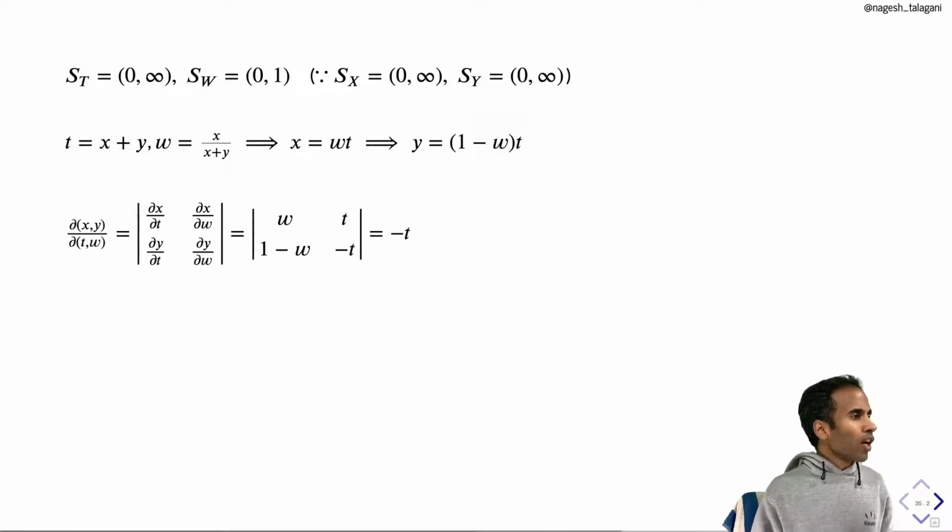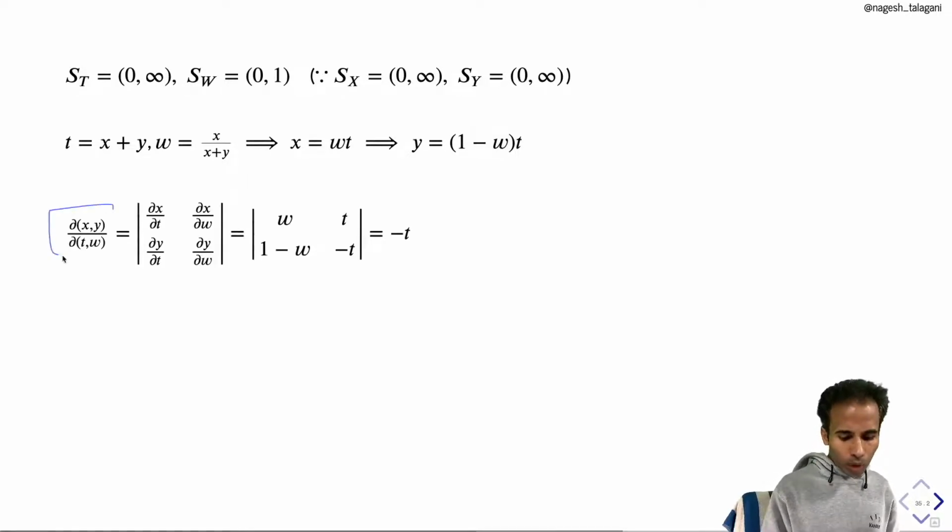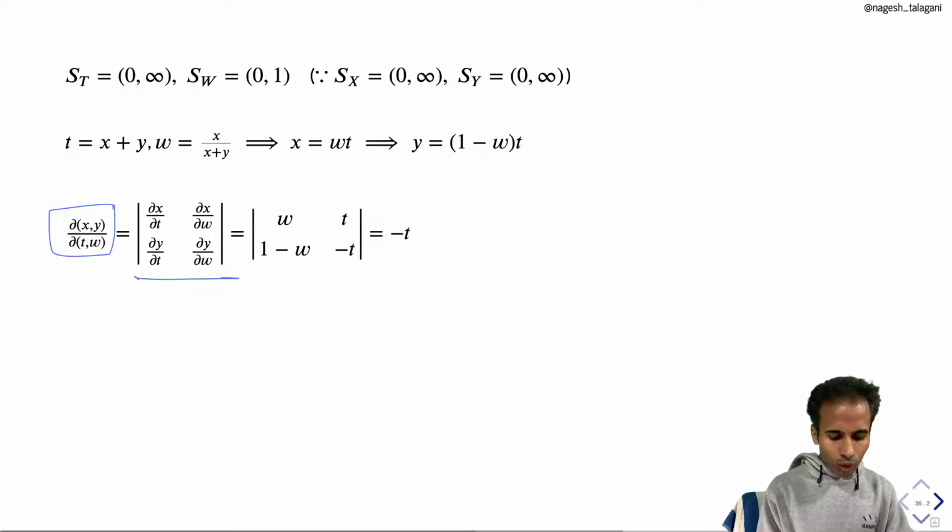Now, let us compute the Jacobian for this transformation. The Jacobian of this transformation is denoted by dou of x y by dou of t w, which is the determinant of this 2 by 2 matrix. Here, dou x by dou t is w, dou x by dou w is t, that you can see from this. Dou y by dou t is 1 minus w, dou y by dou w is minus t, that you can see from this.